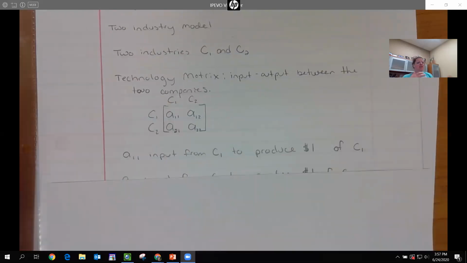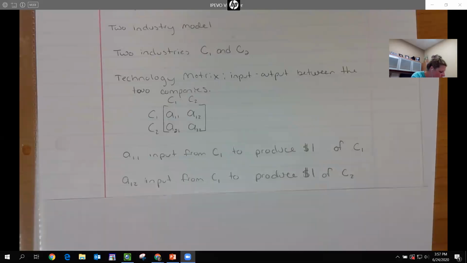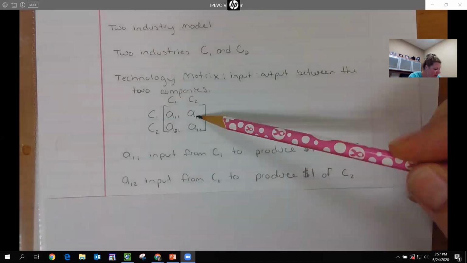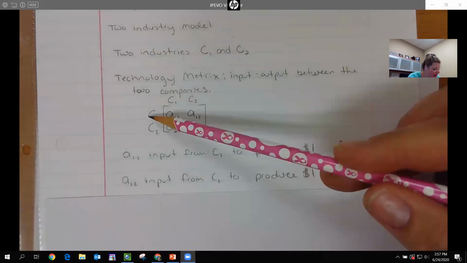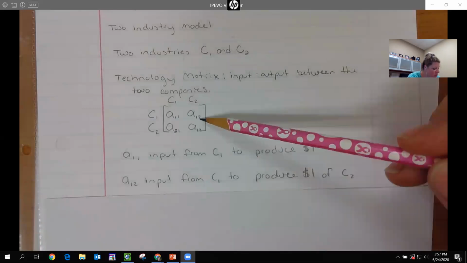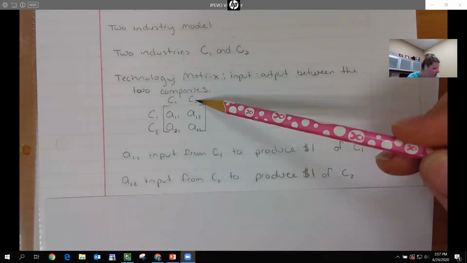So think about how much electricity it takes for me to produce electricity. That is that spot. The next spot is going to be the input from C1 to produce $1 of C2.